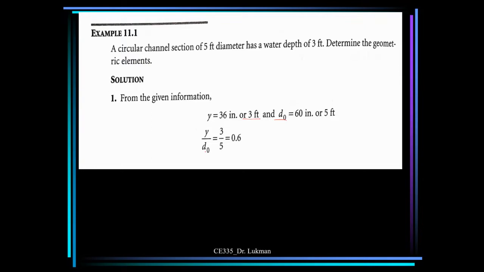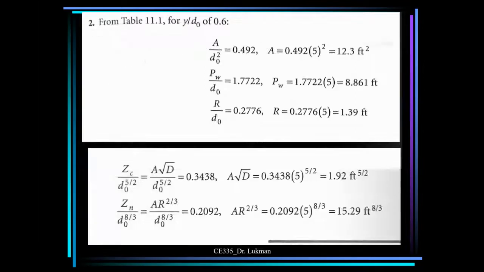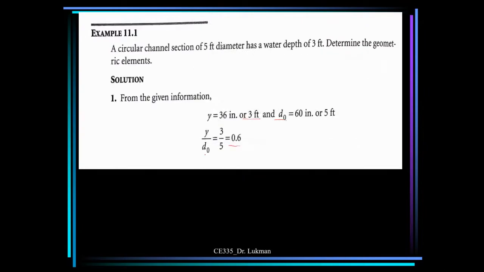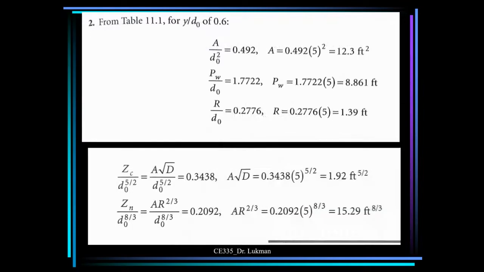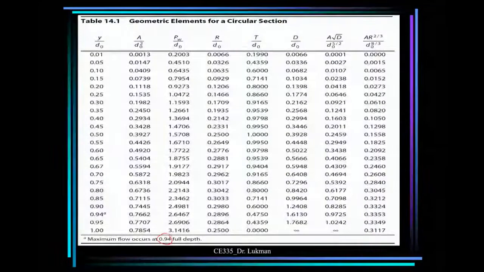So y over d naught, where y is the depth of flow, is 0.6. Now to determine the other geometric elements from the table, y over d naught, which is the first term, is 0.6. So this 0.6 is here.